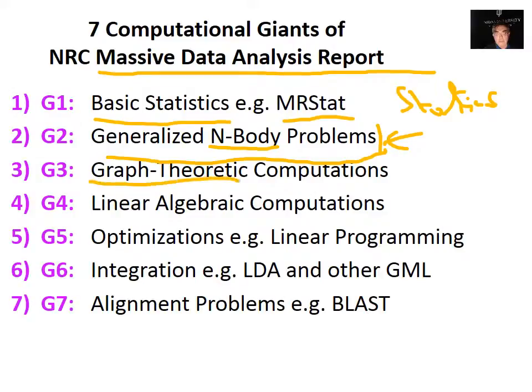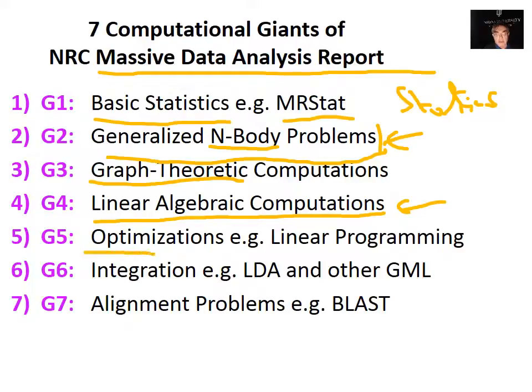We've been pointed out the importance of graphs, and there are many sophisticated graph algorithms which need to be implemented properly. This is where software like Giraph and Pregel comes in. Also Pegasus. Linear algebra is absolutely critical in almost everything, and a lot of machine learning algorithms have linear algebra at their core.